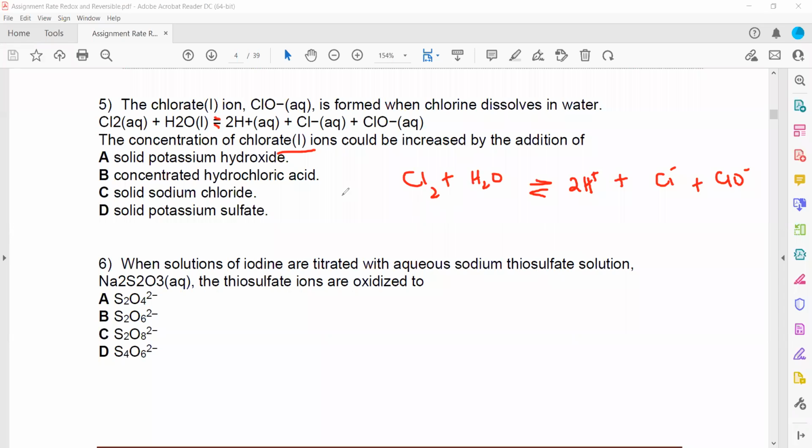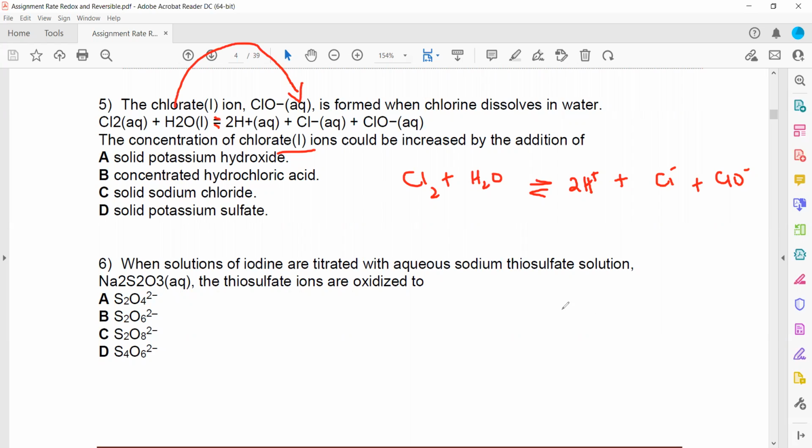So how the concentration of chlorate ion can be increased means how we can shift the equilibrium towards the right hand side. If we want to shift the equilibrium towards the right hand side, either we should increase the amount of the reactant or we should reduce the amount of product. So what can be done if we add sodium hydroxide?